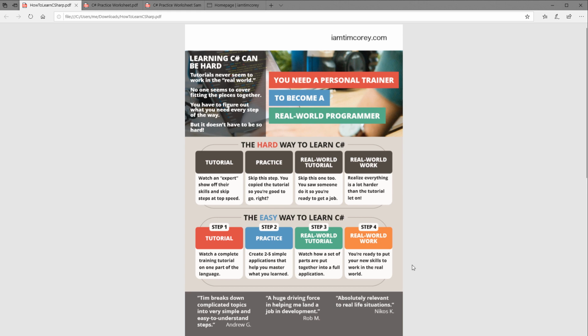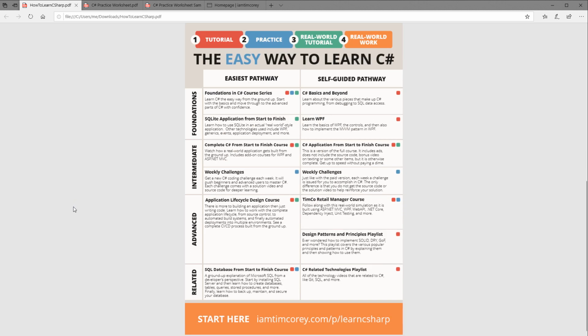Now, if we scroll down here to page 2, the guide walks you through a simple pathway to learning C#. It is broken into 2 parts, the easiest way and the self-guided way. I want everyone who wants to learn C# to be able to do so easily, not just those who can pay. The reason the paid courses exist is to fund all of this training.